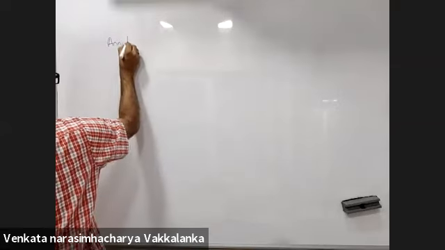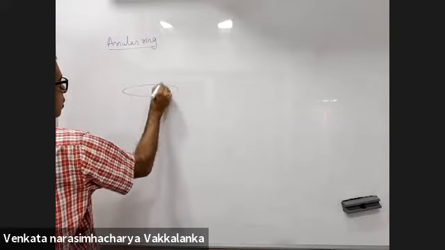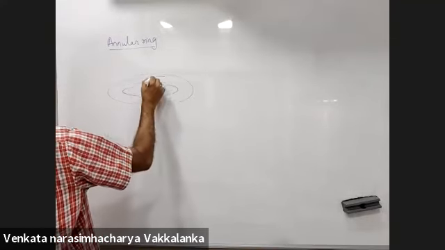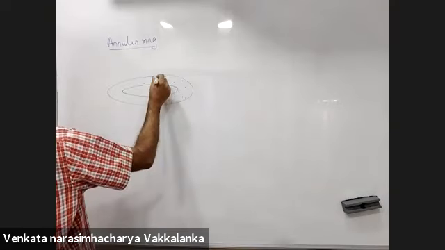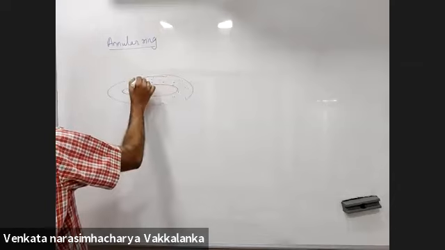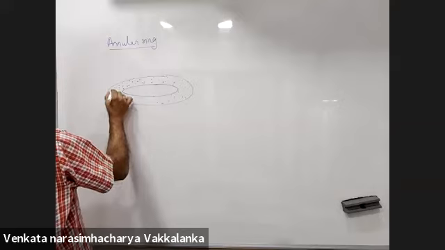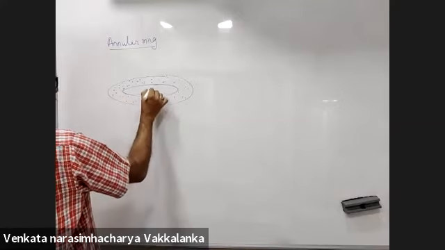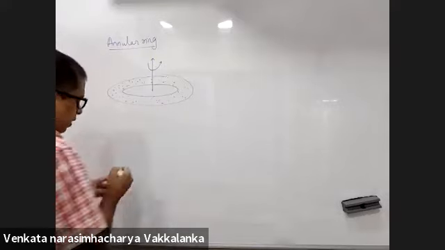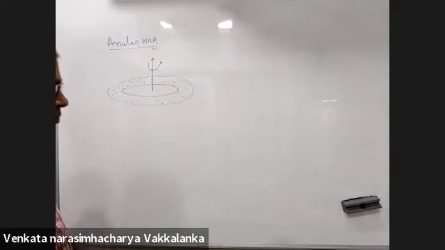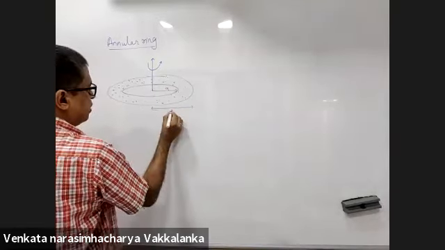Annular ring. Inner radius is small a, outer radius is b.